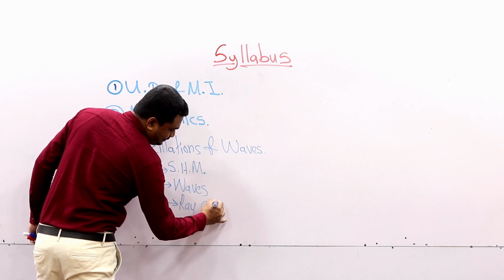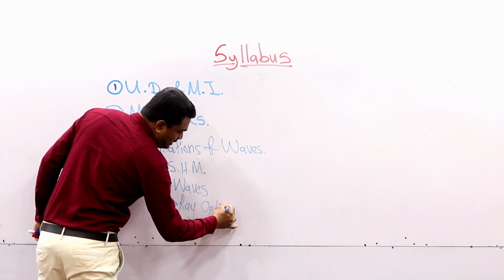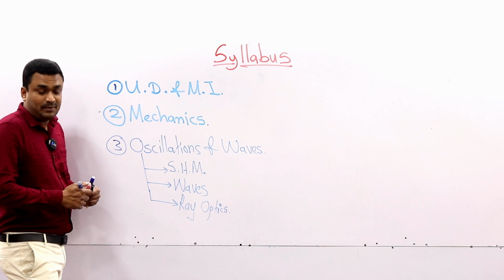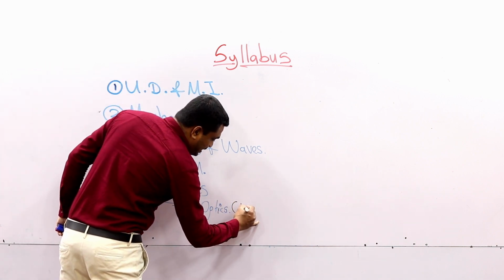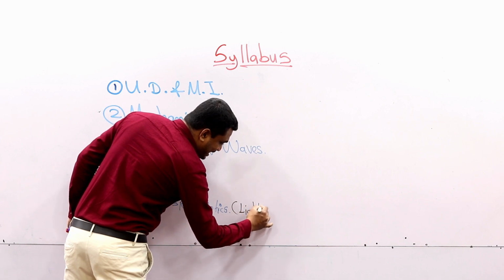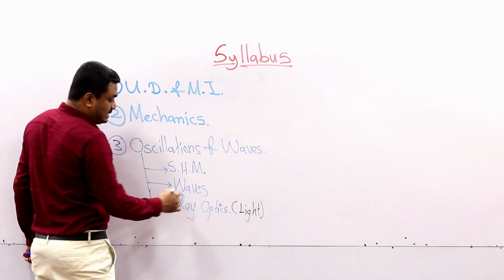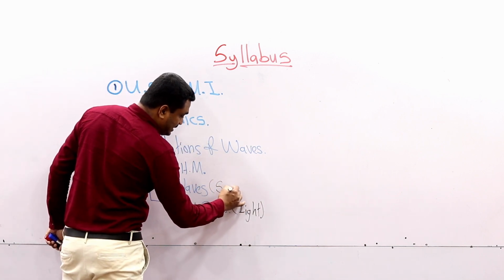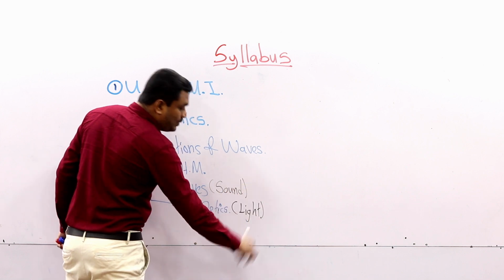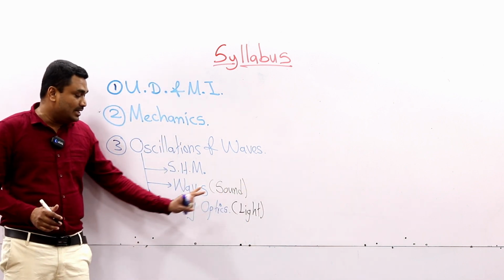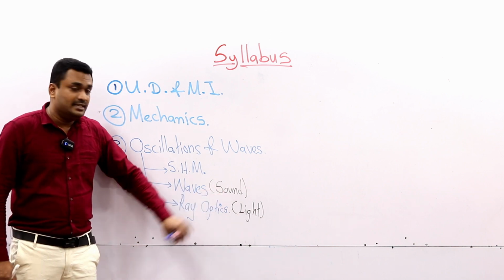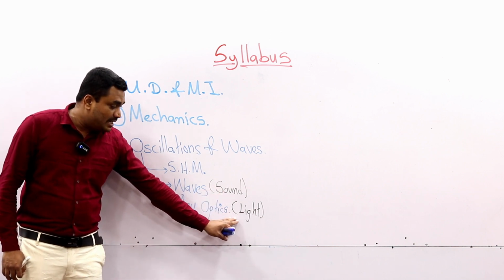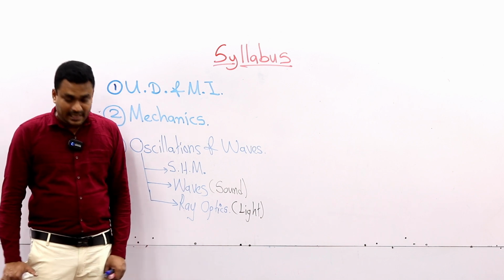Normally students name the ray optics lesson as the light lesson. The mechanical waves lesson, normally students call this the sound waves lesson. But we'll not only learn about sound, but the majority of the things in this lesson is sound. And similarly, the majority of this lesson is light.